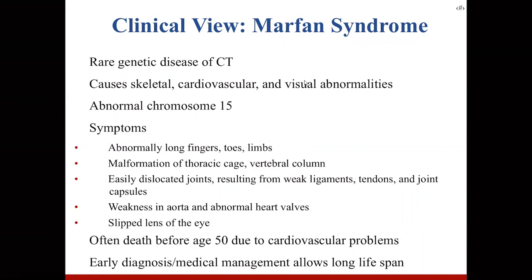And what can happen to them, and they think maybe Abraham Lincoln had it, is they can have a weakness in the aorta and they can have abnormal heart valves because that connective tissue is damaged. They could also have weak tendons and joints, and they just try to manage it and make sure they're checking everything and that your aorta is not going to rupture or anything like that.